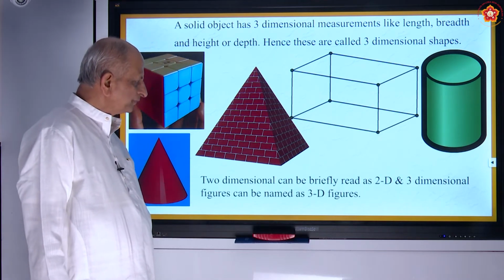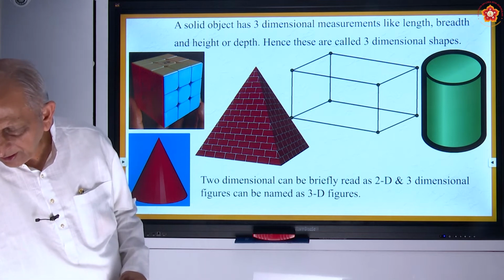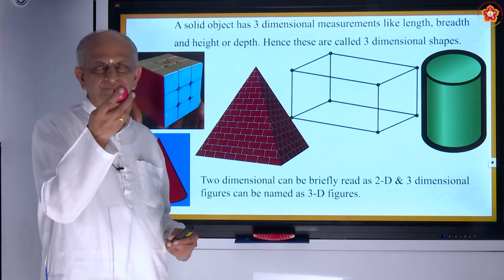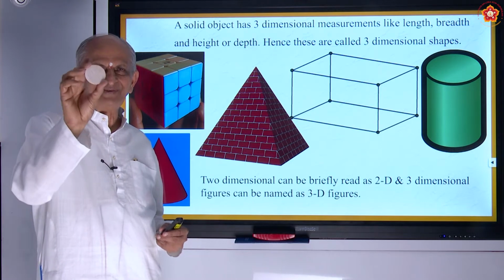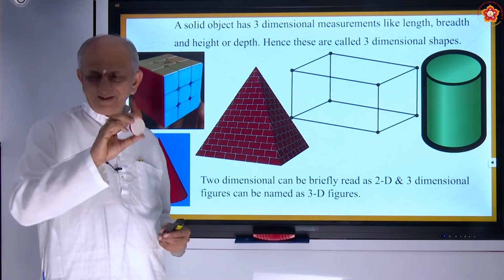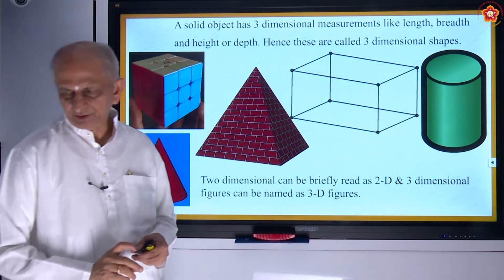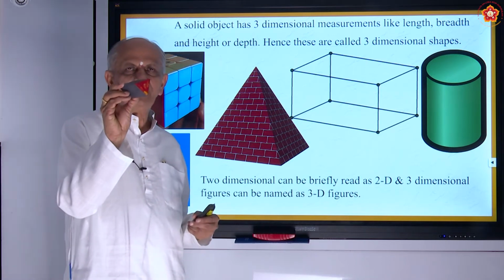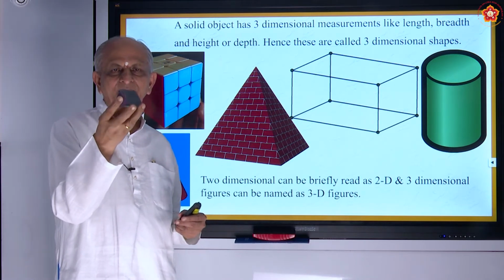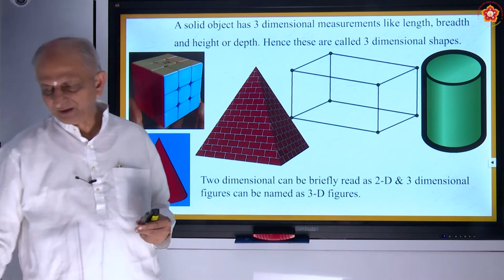Also, you can see this, what is called a hemisphere. All of you know the cricket ball. This is half of that ball, that is called a hemisphere. If it is full, it is called a sphere. And this is called a triangle based prism. This is also three-dimensional.